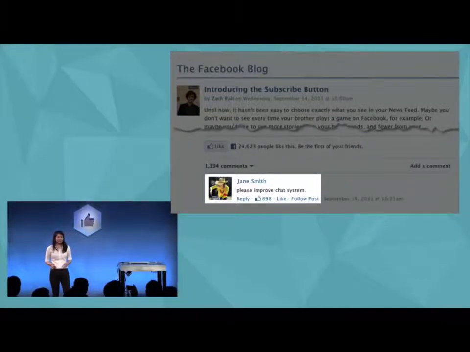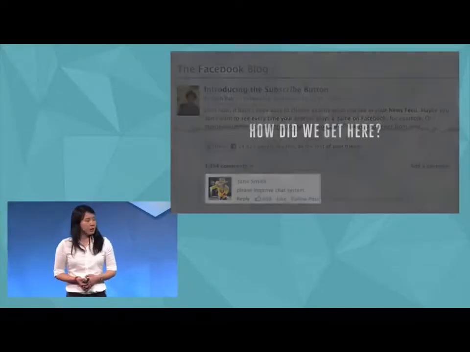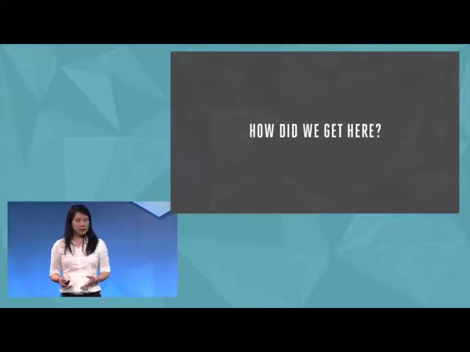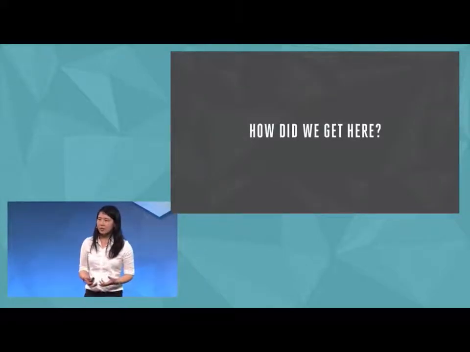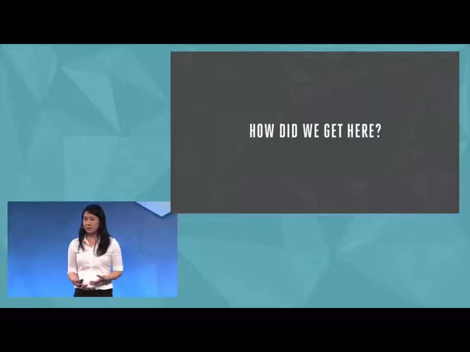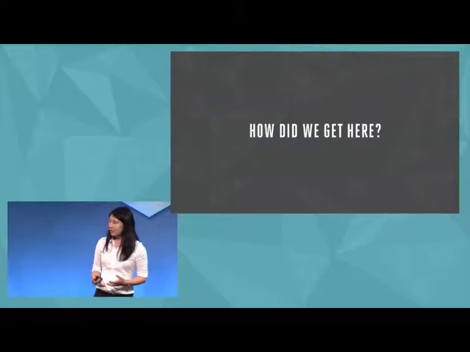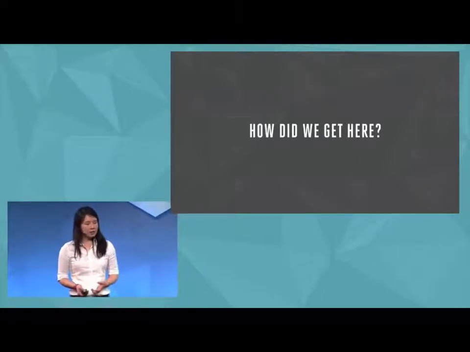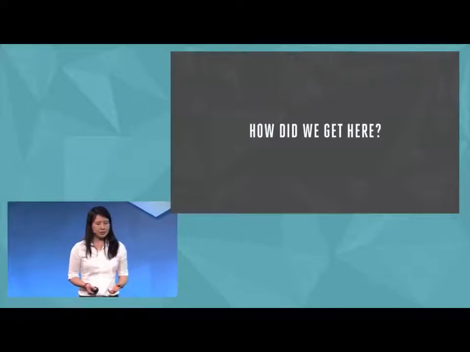We got a lot of comments that would just say fix chat, and that became a pretty frequent refrain in all of our user comments. So how do we get to this place? How do we get to the point where we were annoying our users so much, they just wanted us to fix chat? They didn't care what else we were launching, they just wanted us to fix chat. Well, to answer that, we have to go through the chat feature as it evolved.